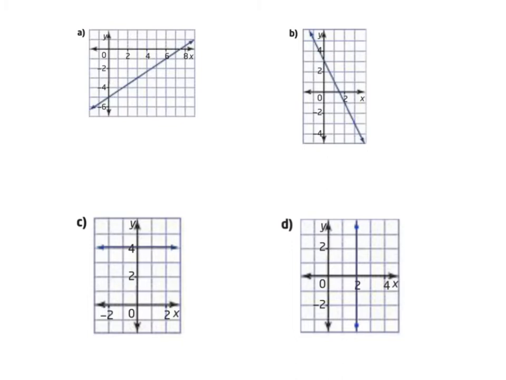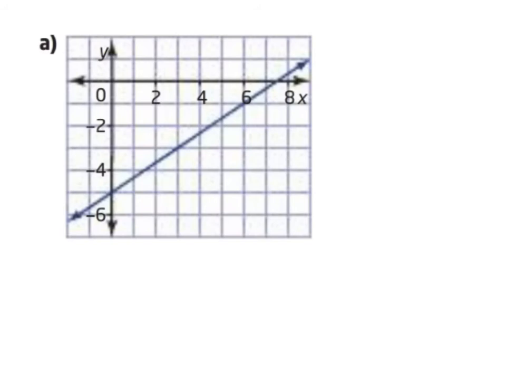So let's start by going back and taking a closer look at graph A. Remember that an x-intercept is where the line crosses or touches the x-axis. The x-axis is the axis that runs in a horizontal direction. In this particular graph, we have our line here in blue, and it is touching the x-axis right at this mark.